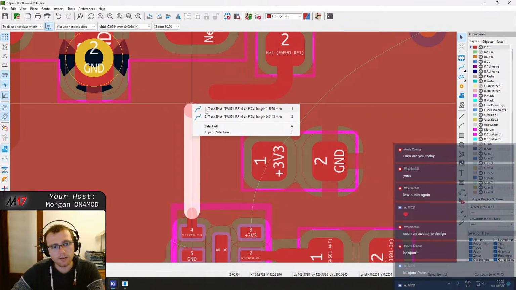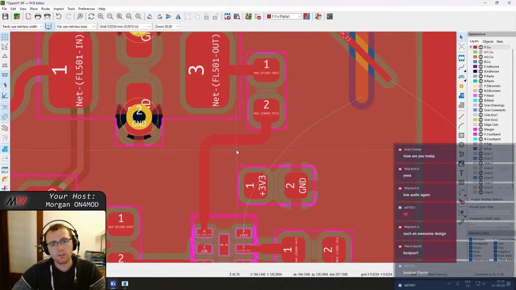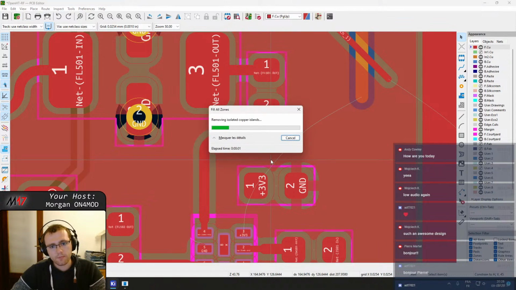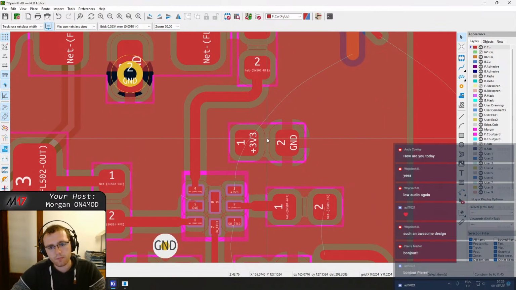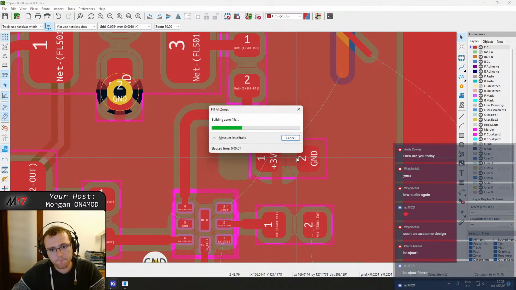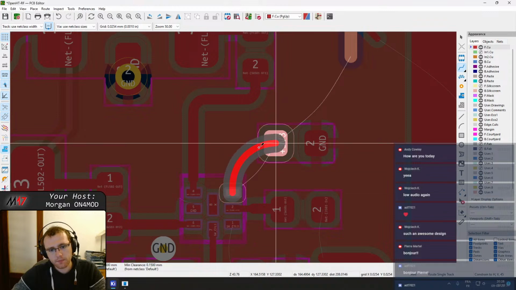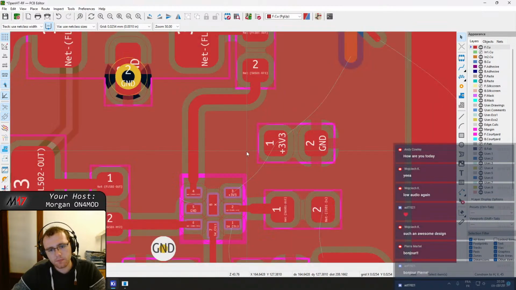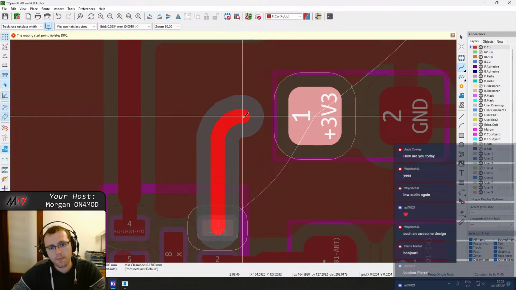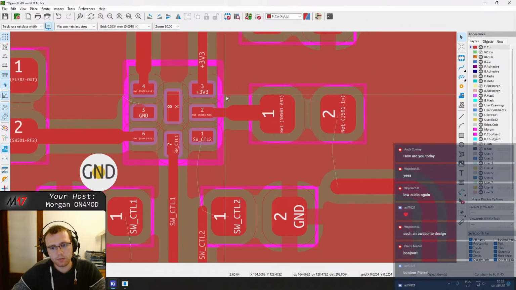And it's still not good. Okay, now it's good. Okay. So the power supply, it's good.